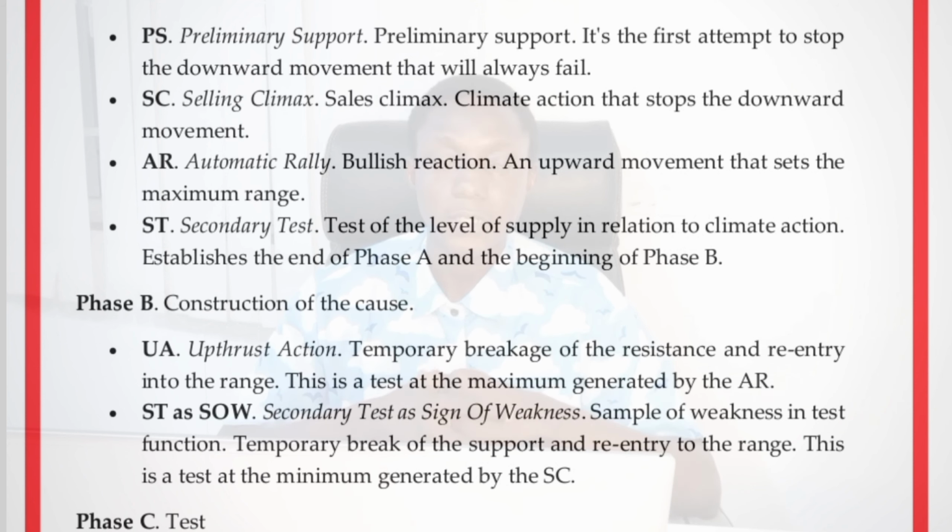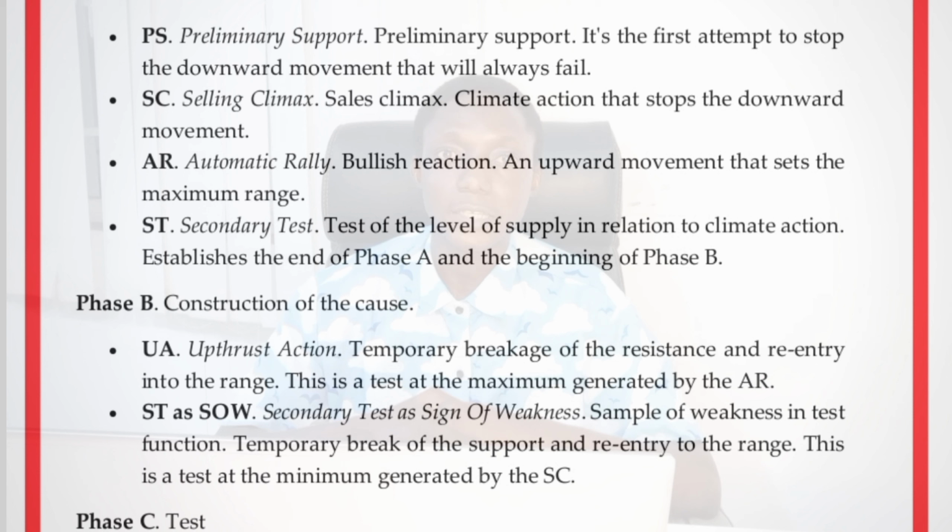SC is the selling climax. AR, automatic rally, is the bullish reaction after the selling climax. ST, secondary test, is the test of the level of supply.